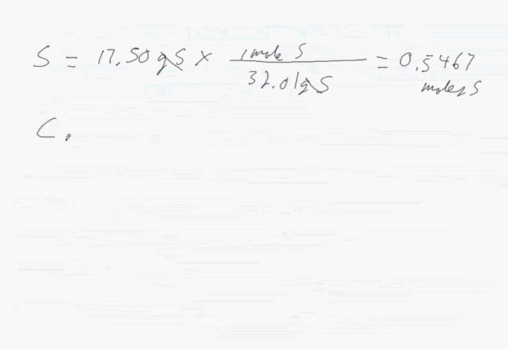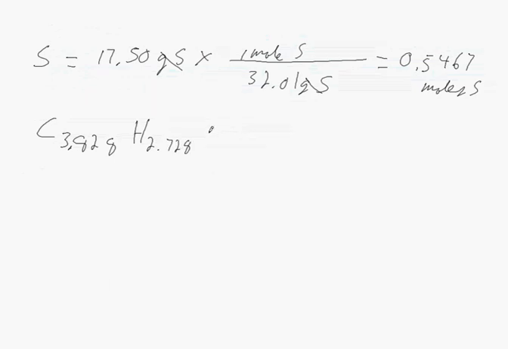So now what we're going to do is write the atoms and the number of moles that we have. Carbon, we have 3.828. Hydrogen, we have 2.728. Oxygen, we have 1.638.